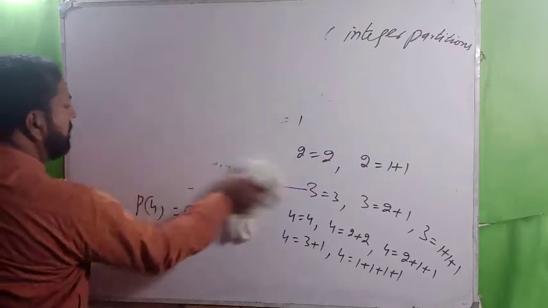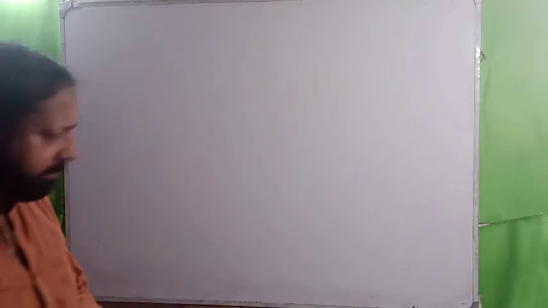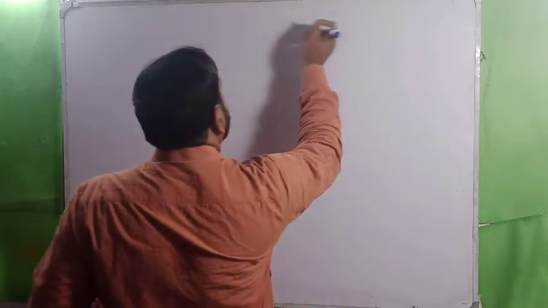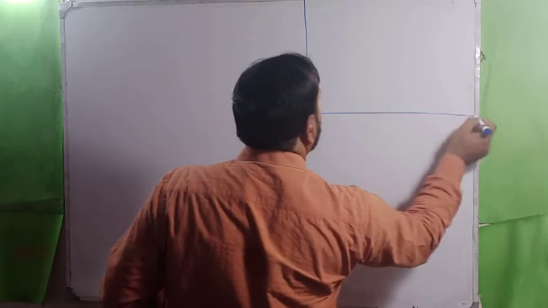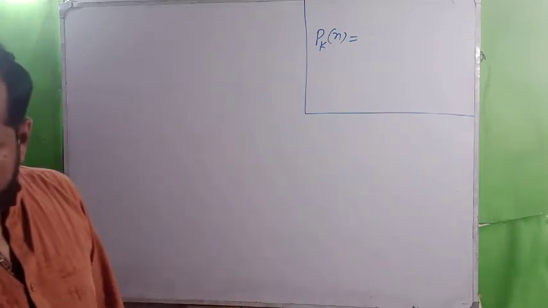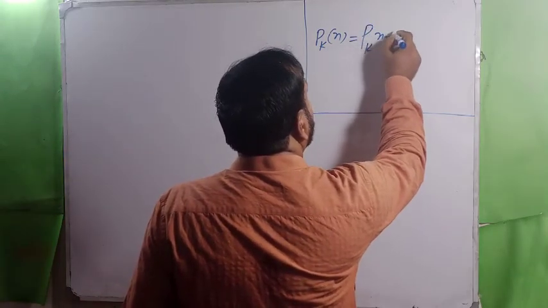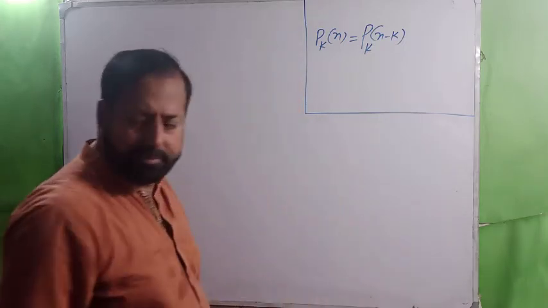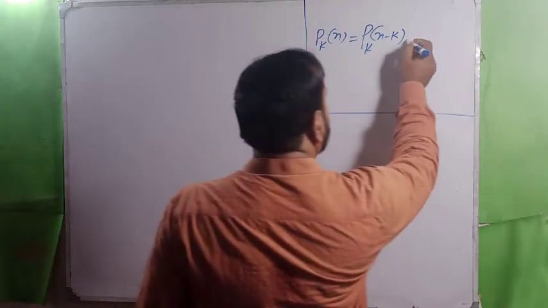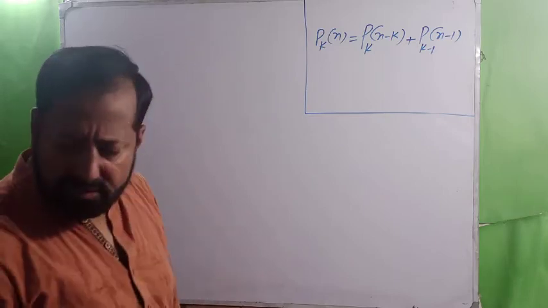The formula is: Pkn is equal to Pk(n minus k) plus P(k minus 1)(n minus 1), where we have some conditions.